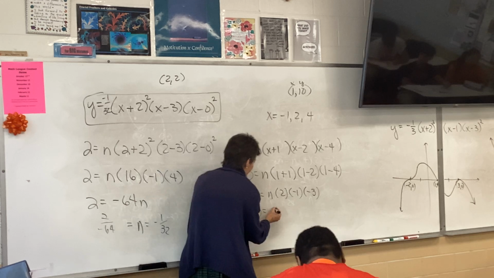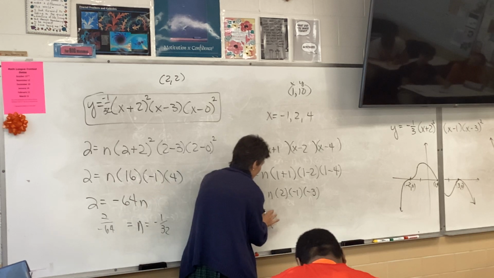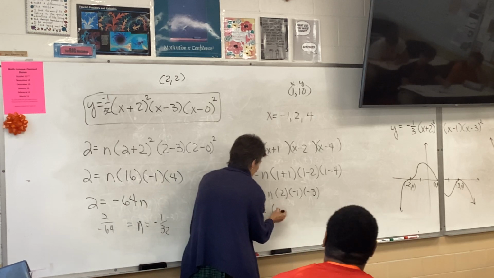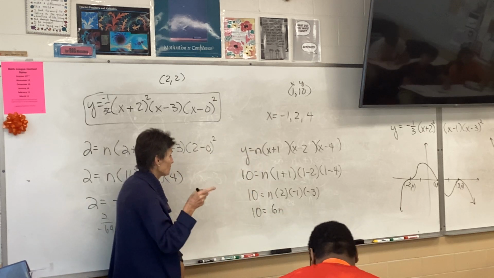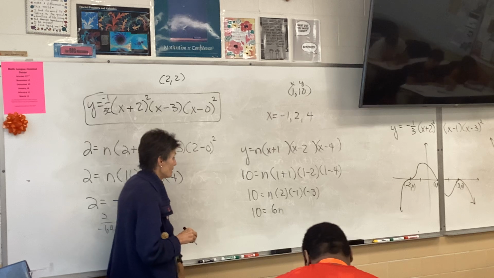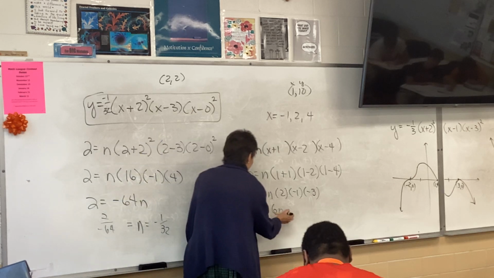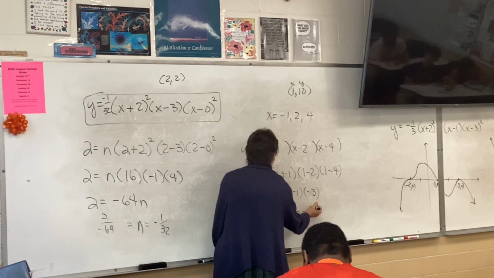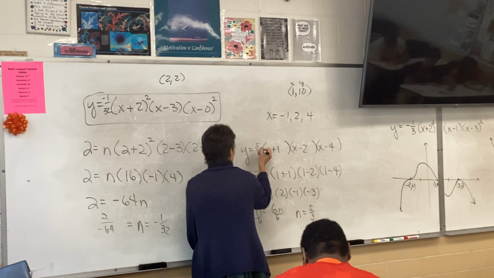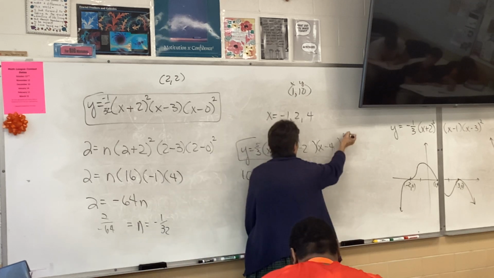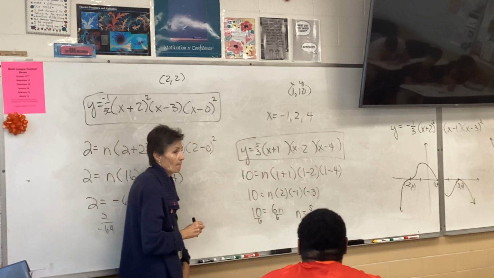Multiply it all together, and it looks like I'm going to get what? 6n? Check my arithmetic, is that right? Yep. So dividing by 6, 5 over 3, and there's your answer. Put 5/3 in there and write down your equation. That is it.